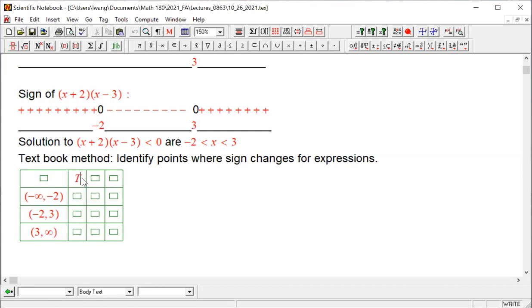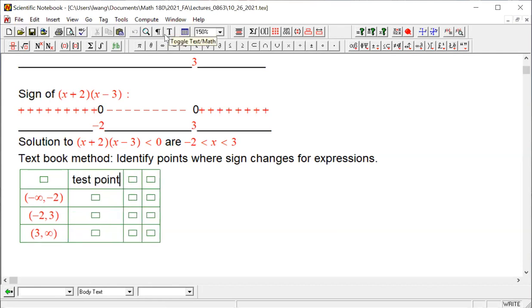And they pick a test point. Say for example, in this interval, they'll pick test point -3, and here they pick 0, and so on and so forth. And they look at the sign, right?